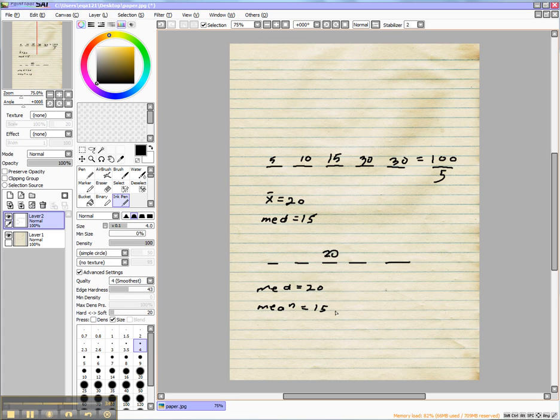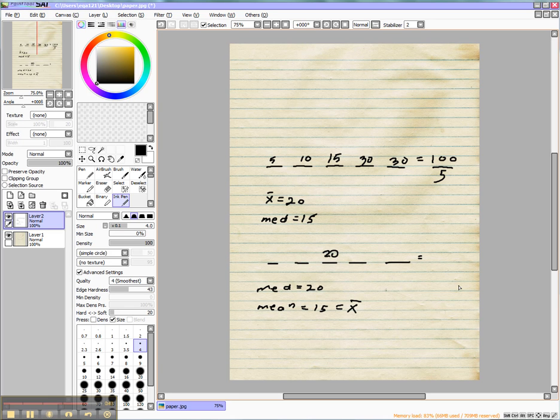Does that make sense? In this case, we're going to have to figure out what we're going to tally this up to so that it's equal to 15. You have to select numbers and make sure they add up to a total that divided by 5 equals 15. So what total divided by 5 equals 15? You have to figure that out.